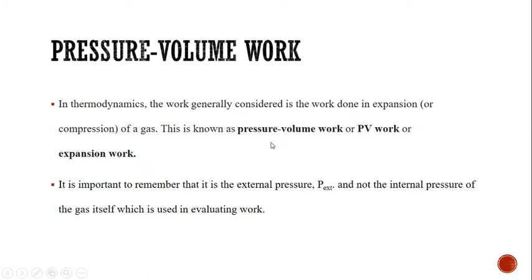So in thermodynamics, when we talk about work done, we talk about pressure volume work. This is very important. When we talk about thermodynamics, we talk about PV work. It is important to remember this is the driving factor, that this is the external pressure, P external, that is the driving factor for evaluating the work done in thermodynamics.